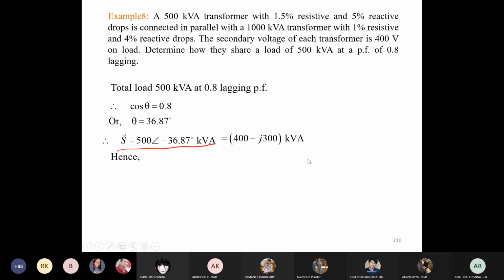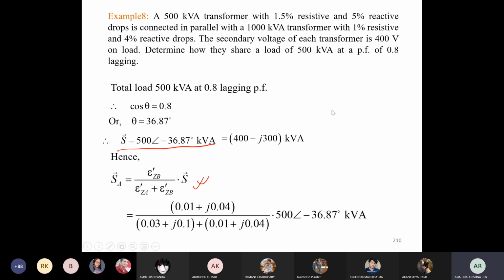Therefore, SA, that means load shared by transformer A, using this load sharing equation, we can find by putting the values of all the per unit leakage impedances.